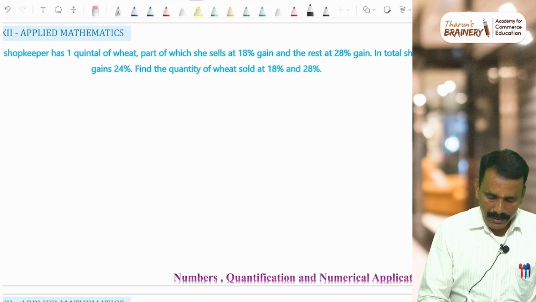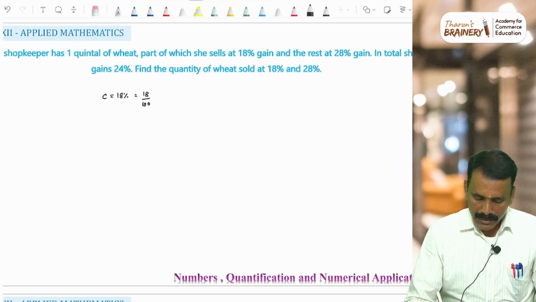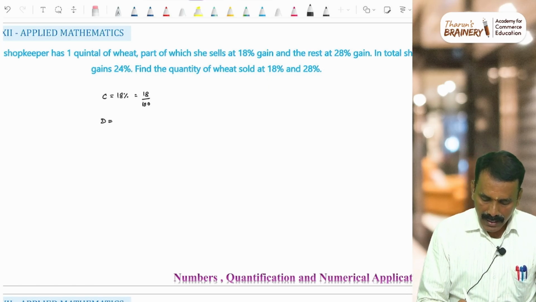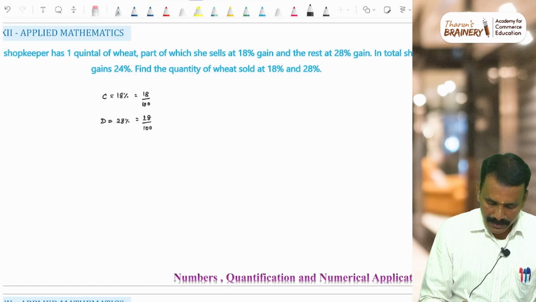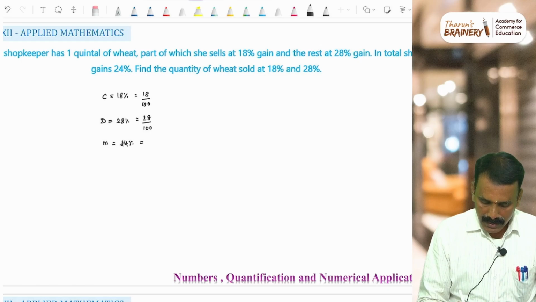So here in this problem we take straight away C is equal to 18 percent profit, that is 18 by 100, because this is a smaller value. And the next one is D, higher profit, 28 percent, that is nothing but 28 by 100. And the mixture combining together, the total profit is going to be 24 percent, that is nothing but 24 by 100.